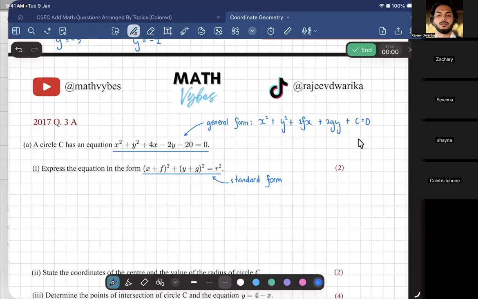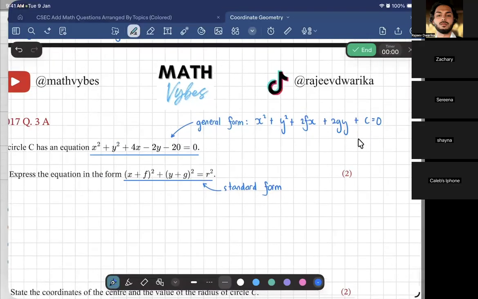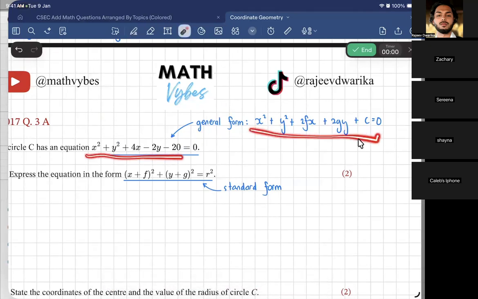What two things should I equate to find for F? 2fx and 4x.